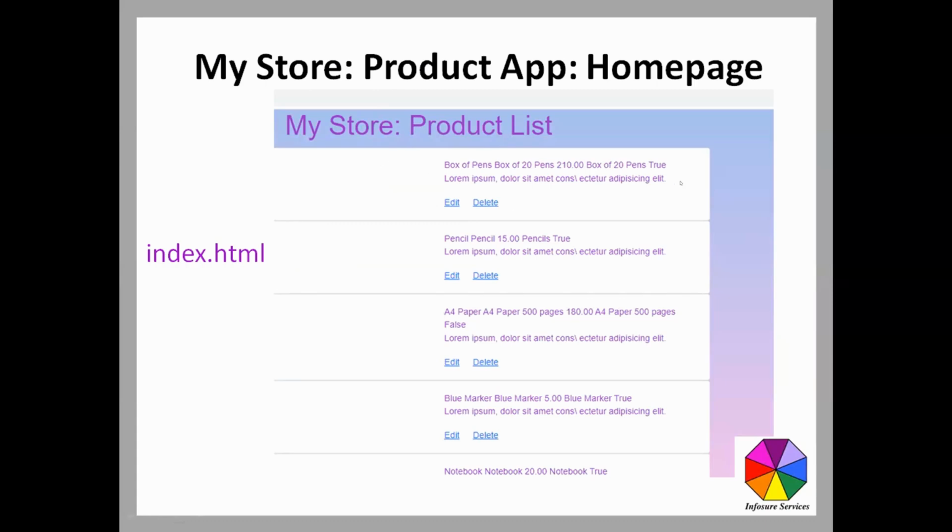That means it will show the products, the box of pens, the pencils, what you saw. Here it's showing the description, price, and all that. And then you can edit it. There is no picture there because that's slightly different, more contents. But this is a store. It will run, you can add products, you can remove products. So this is how it will look.